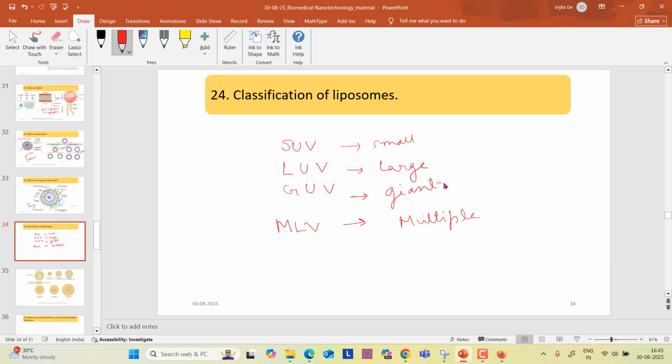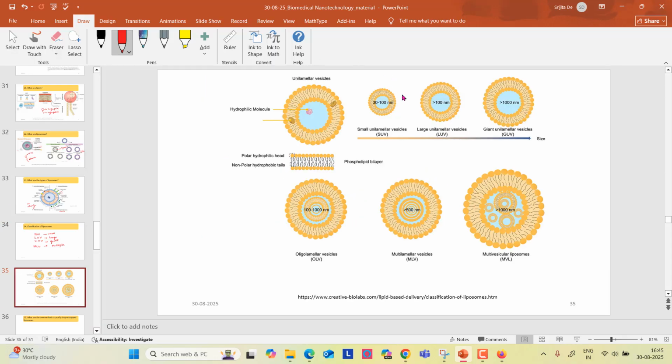So this is what is shown in this picture. This is a unilamellar vesicle or unilamellar liposome, you can say, where there are hydrophilic heads, and outside there are hydrophobic chains.